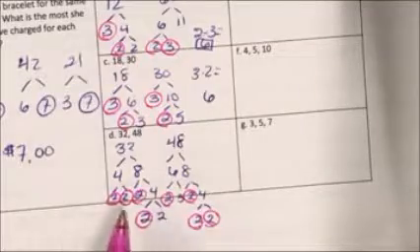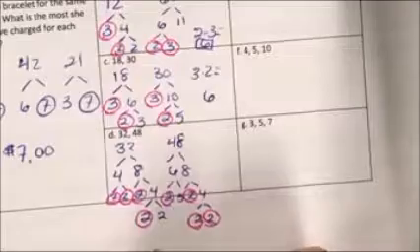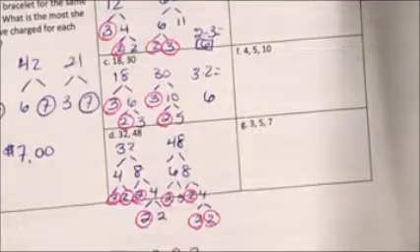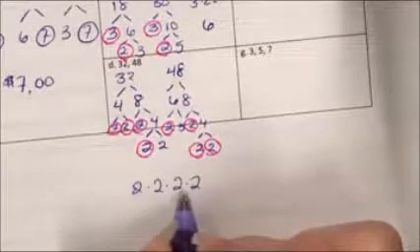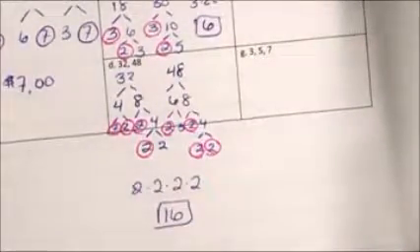Okay, so I have 4 2's in common. So that's 2 times 2 times 2 times 2. 2 times 2 is 4. 4 times 2 is 8. 8 times 2 is 16. So my final answer there is 16.